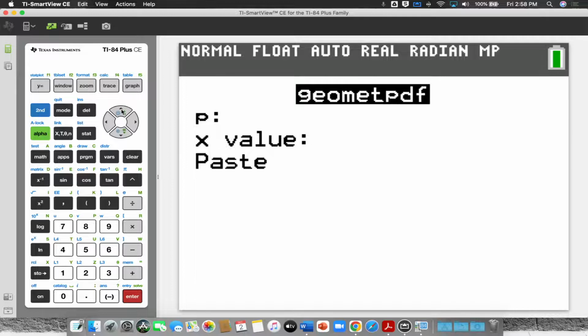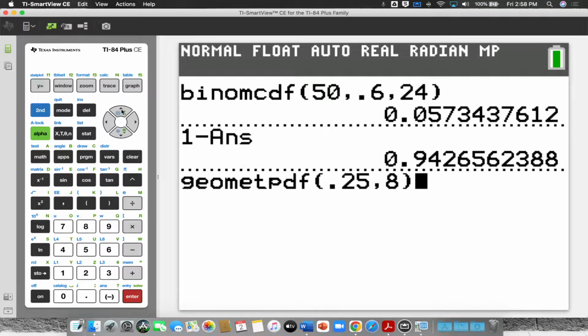Probability of success is 0.25. We want to know on the 8th try. So it's going to be geomet PDF, P comma K. No N for this guy because there's no fixed try.